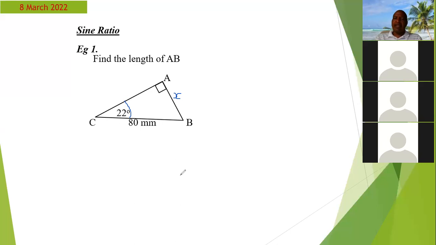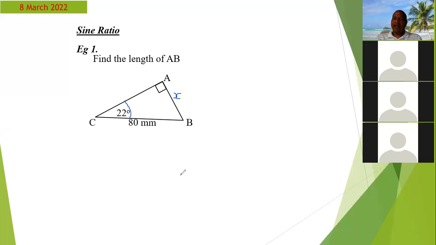All right, now the first thing that you want to do, students, is to look at the side that you're trying to find and ask yourself, what relation is that side to the angle that you're given? And then now you look at the side that you know and ask yourself, what relation is that side that you know to the angle that you're given?